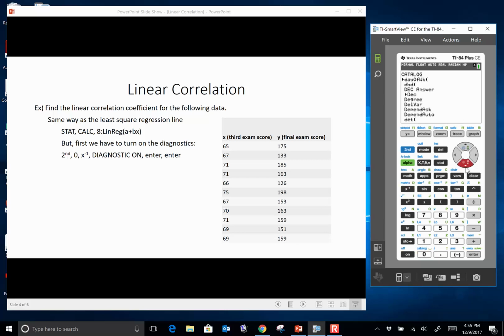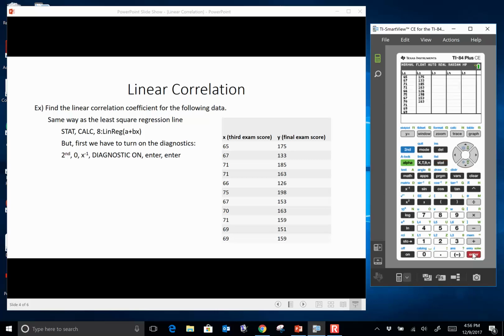Then I'm going to arrow down until I see DiagnosticOn. Oh, there it is. Once I reach it, I'm going to hit enter. It's going to take me back to the home screen, but you must hit enter again and it will say Done. Once it says Done, you're good to go. The diagnostics are on.